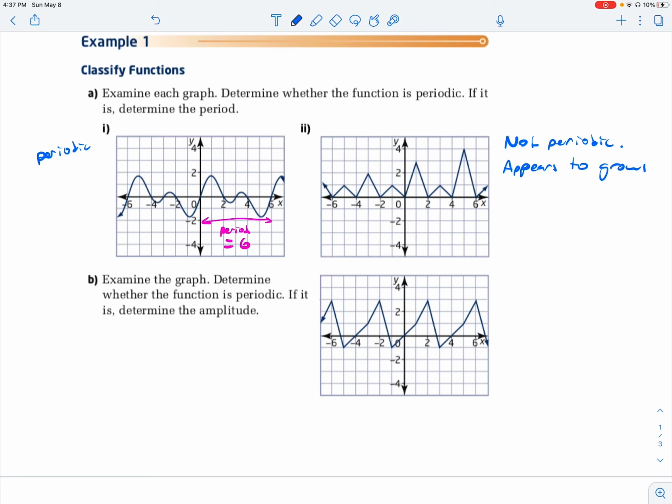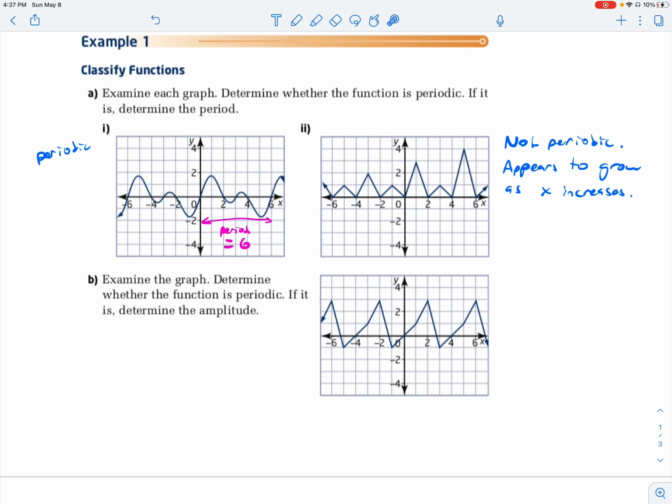We'll say it appears to grow as x increases. As x increases, y seems to be increasing.